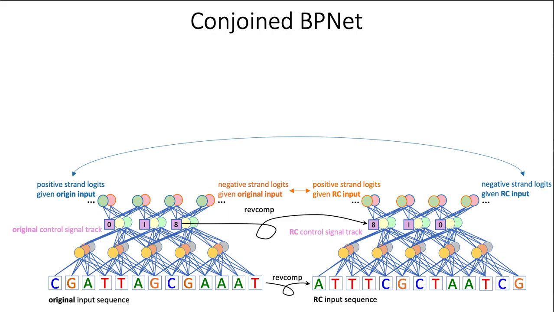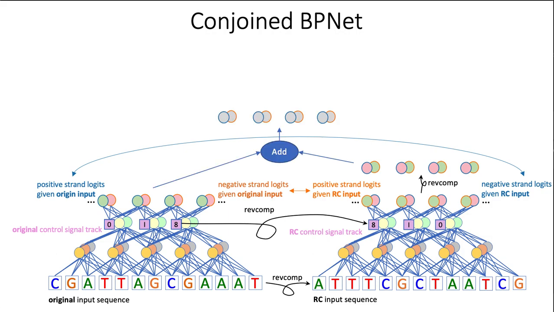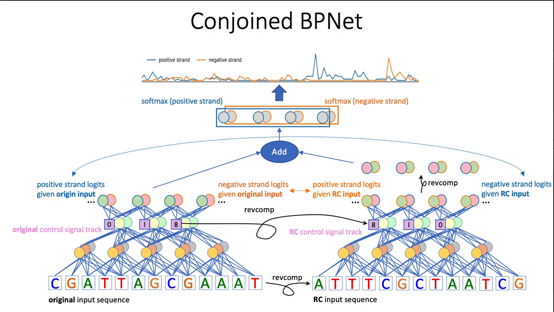Thus, to get our predictions on the reverse complement to match with our predictions for the original input, we need to again apply a reverse complement operation to the predictions, which as before consists of flipping them across both the length and channel axes. Then we can safely combine or add the predicted logits together and apply our softmax operation to get our output.